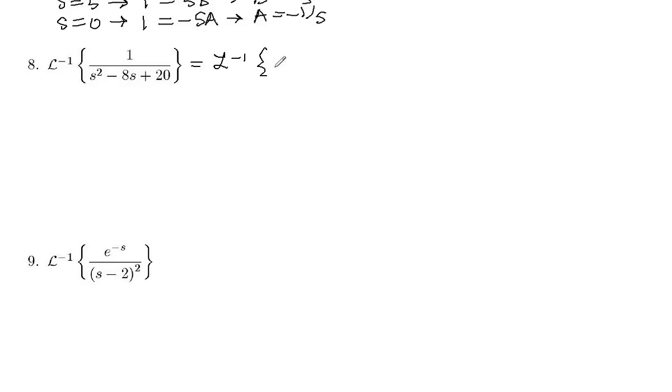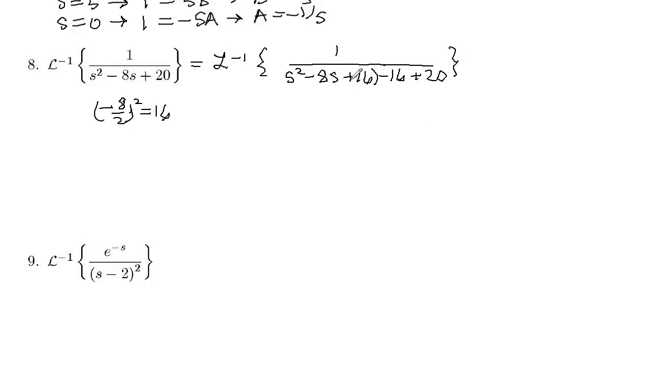So this is inverse transform 1 over s squared minus 8s, and then what we would need to get a perfect square here is we take half of -8 is -4, squared is 16, so -8 divided by 2 squared is 16. So we are going to add that 16 and then subtract it back out. So net is we just added 0 and then plus 20 on the end.